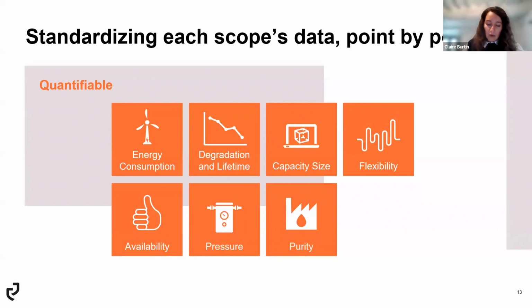So for example, for energy consumption, you could ask questions to your suppliers, first making sure you understand what scope the energy consumption data comprises. So is it just the stack? Is it also including the auxiliaries?